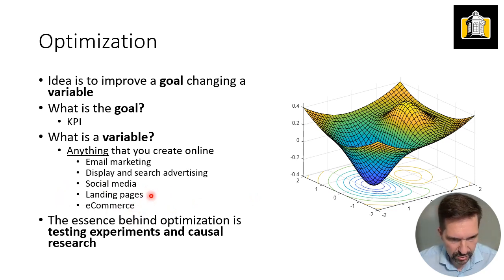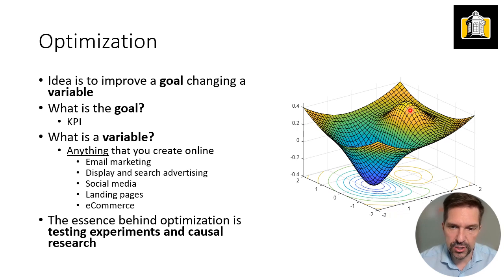Or, you can do the same thing with landing pages. Once they have clicked, the page that actually shows up, for example, the product or the service that you're trying to sell: how is it defined, how is it crafted, what kind of information is in there, do you have a video or no video, just images. All those things are essentially variables that you can change.